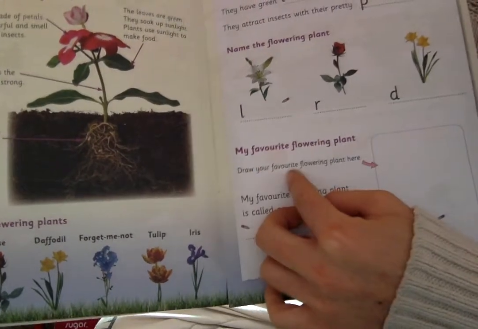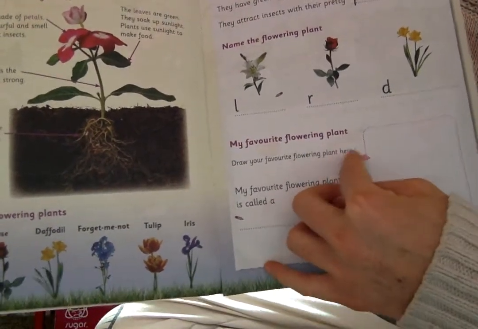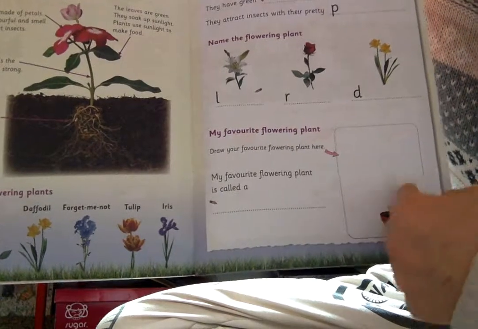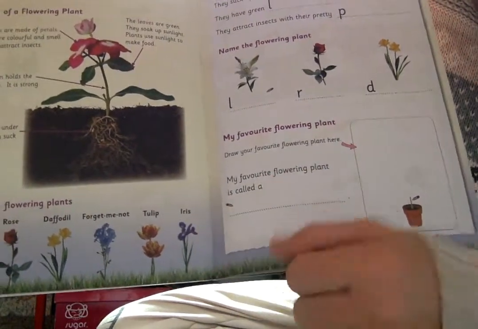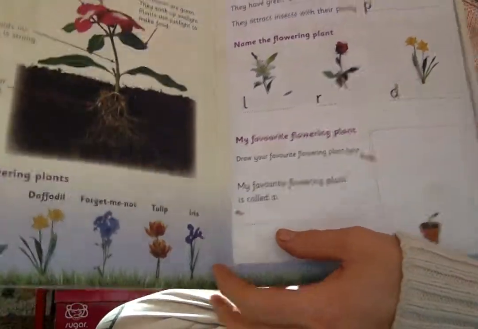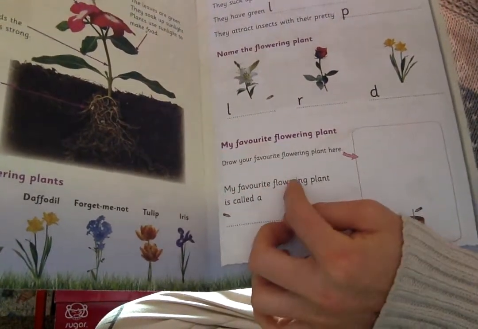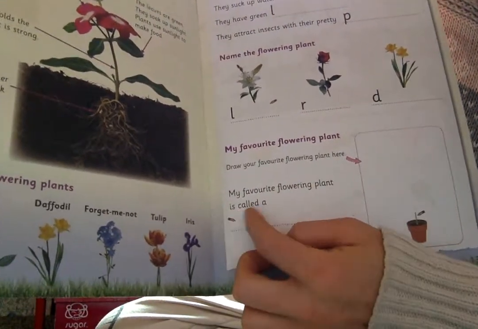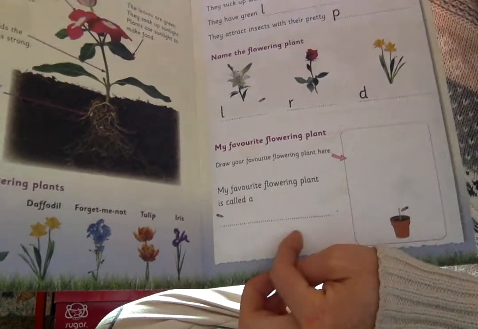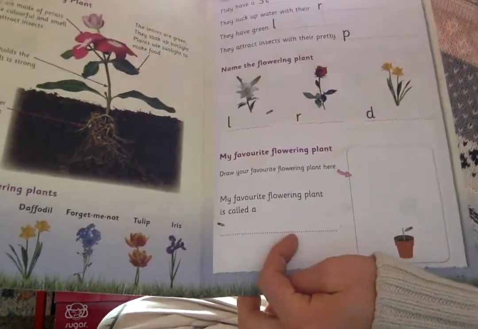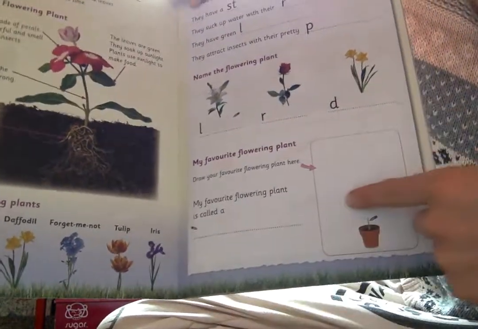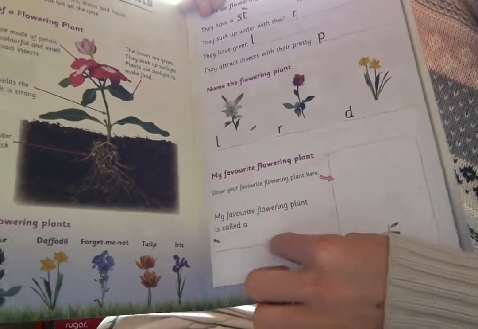Draw your favorite flowering plant here, okay? So choose one, whichever plant you'd like, put that there. My favorite flowering plant is called a what? Write the name of your flower that you choose to draw here, and write the name right here. Okay?